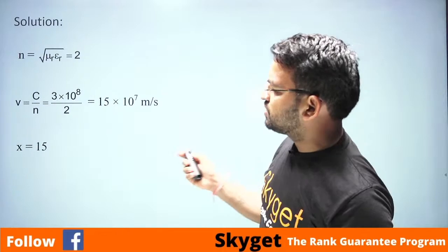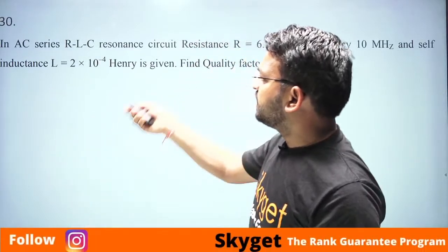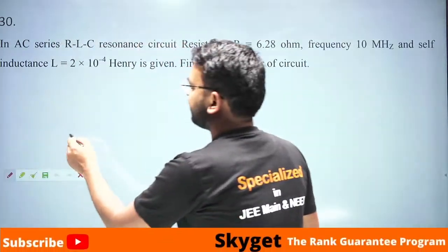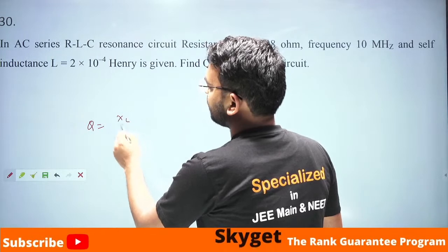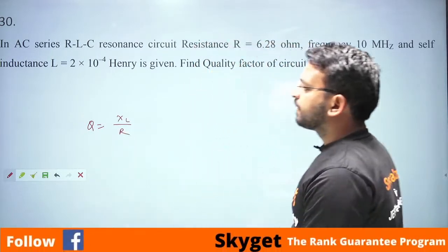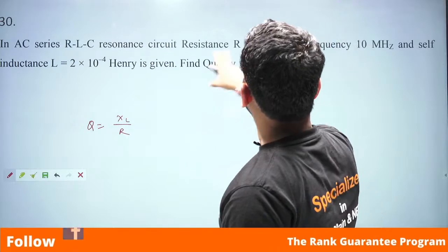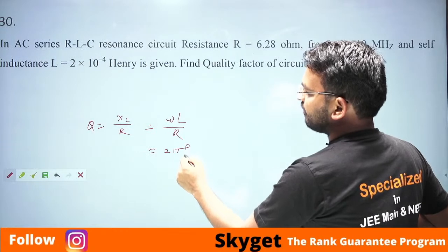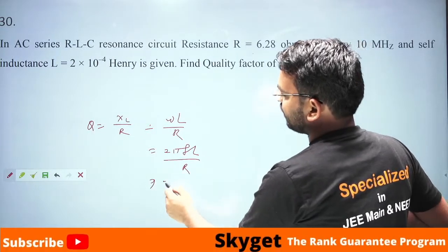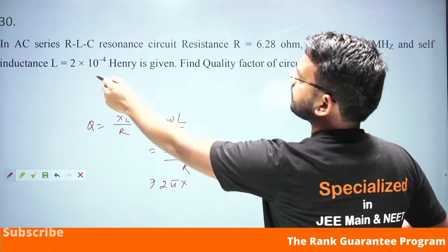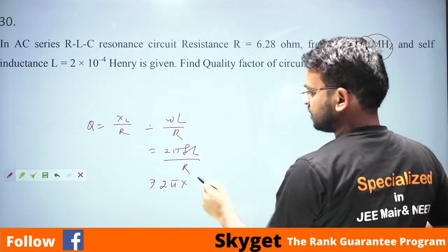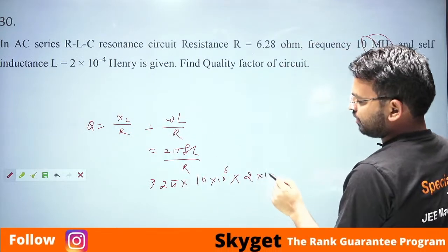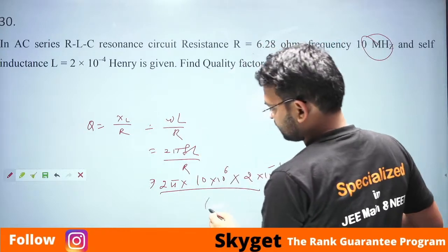Simple questions, simple based questions they are coming. Okay, AC circuit, they are asking for quality factor. Formula for the quality factor, you have to remember that quality factor is basically XL over R. In this case they have given L, they have given R, XL is omega times L over R. This is 2 pi F into L divided by R. You can place the value 2 pi into F. Frequency they have given is 10 megahertz, 10 into 10 to power 6, into L they have given, which is 2 into 10 to power minus 4, divided by R which is 6.28.